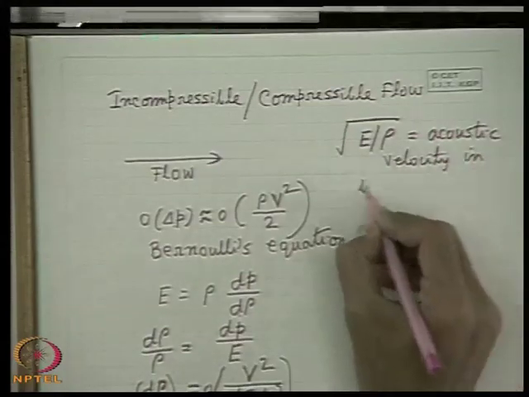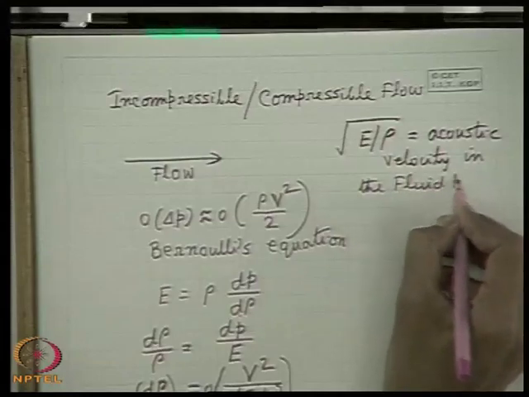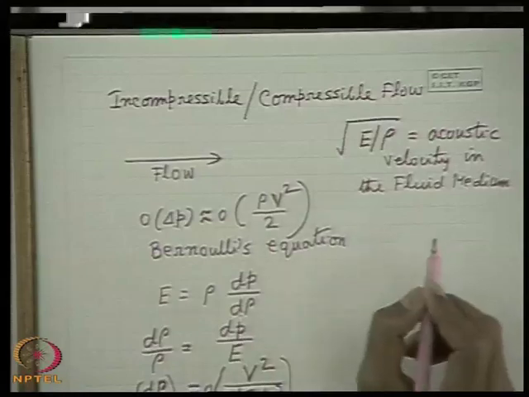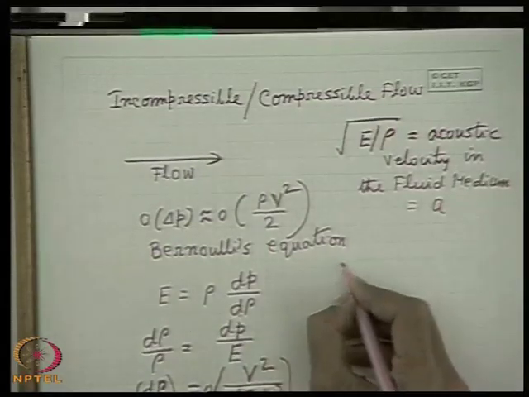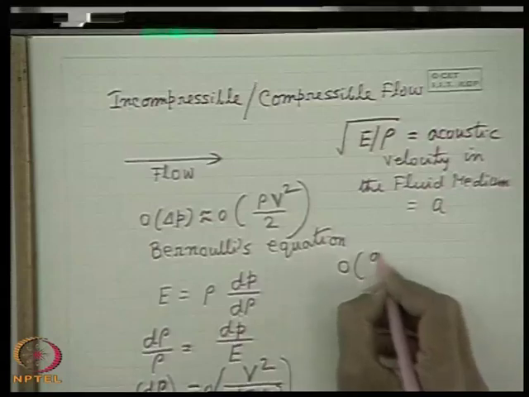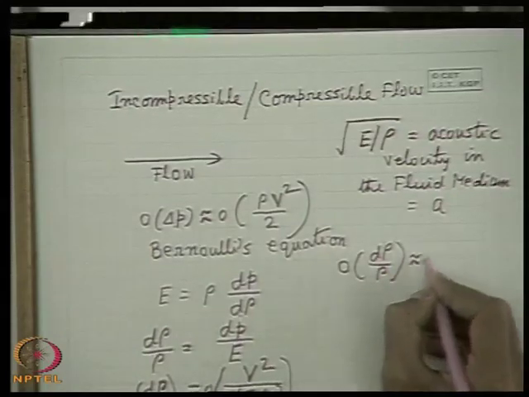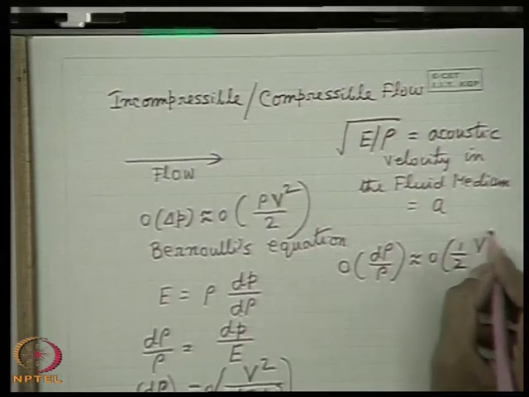So it is the acoustic velocity in the fluid medium at that particular condition, which is denoted by A. So therefore we see the order of d rho by rho simply becomes almost equal to the order of half V square by A square.